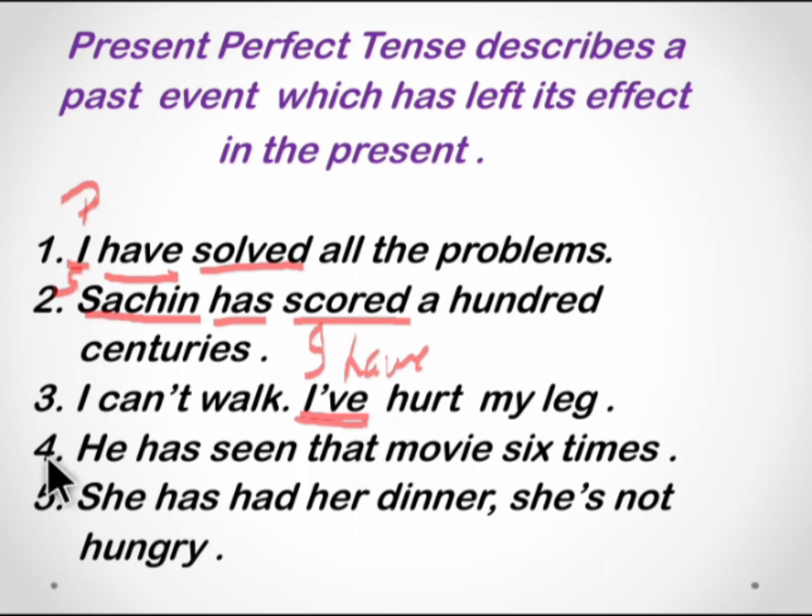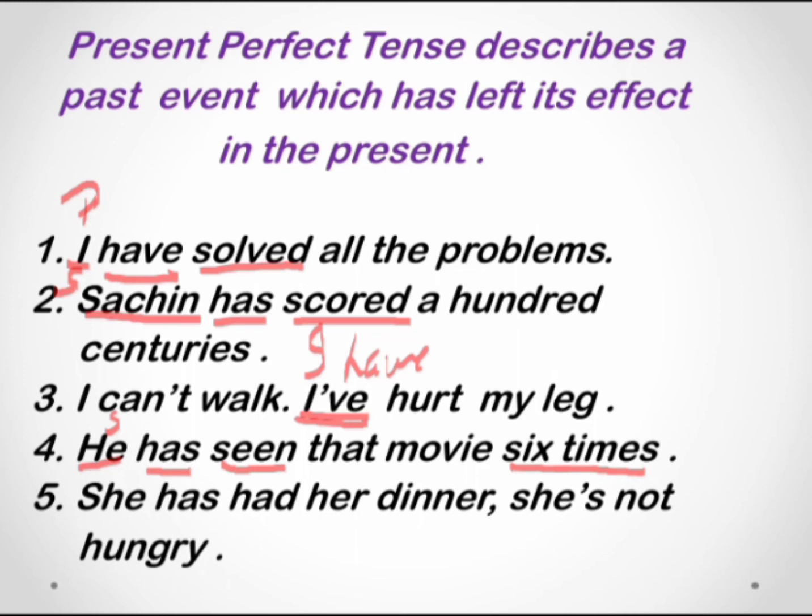Next. She has seen that movie 6 times. So she is singular. Has denotes the perfect verb for singular. Seen is the past participle of see. That movie 6 times. So this 6 times shows the repetition of the action.